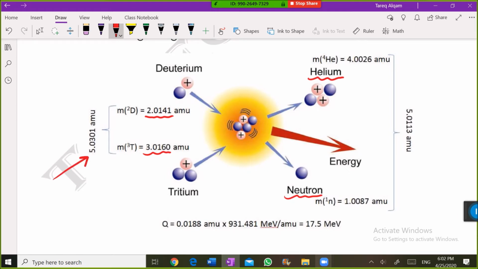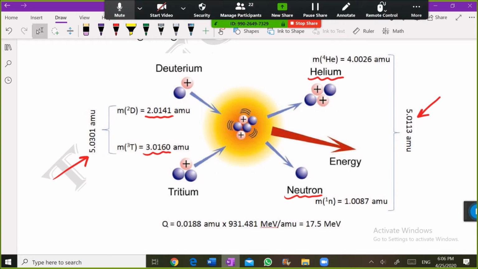Guys, look at the total mass before and the total mass after. No matter the unit, during this nuclear reaction, the mass of the reactants, which are deuterium and tritium, was 5.0301.